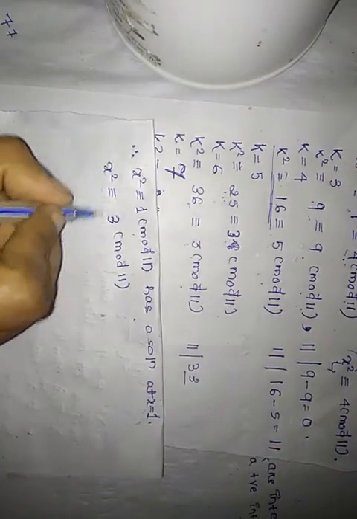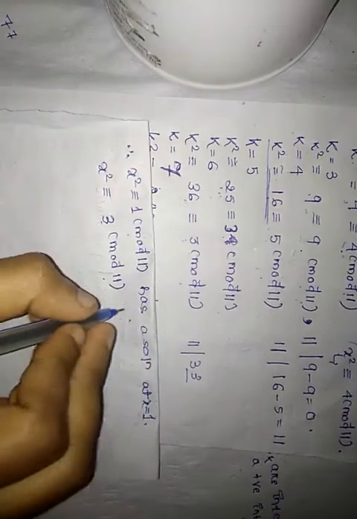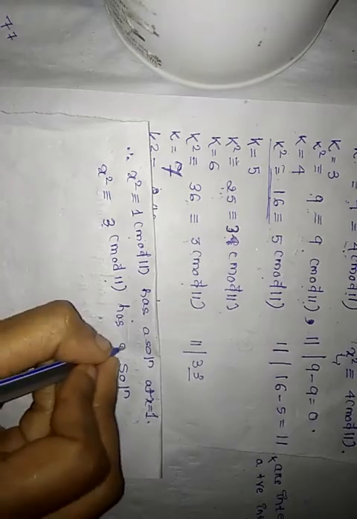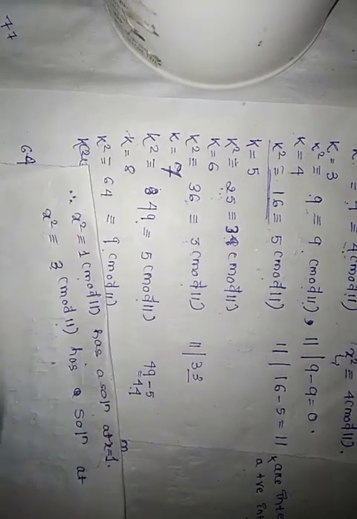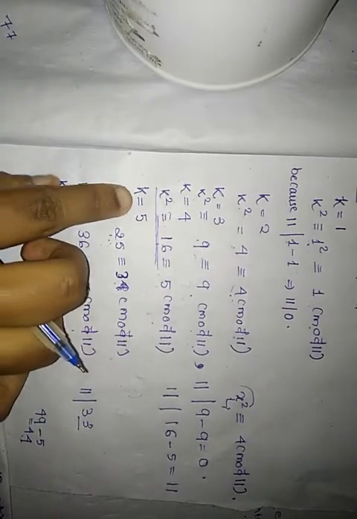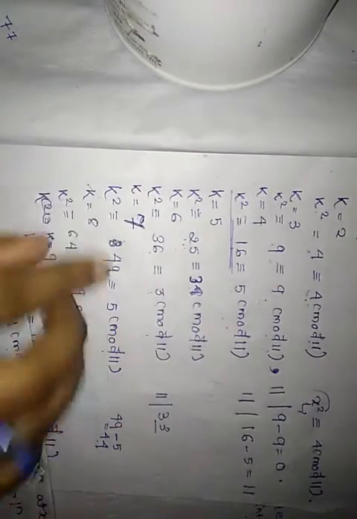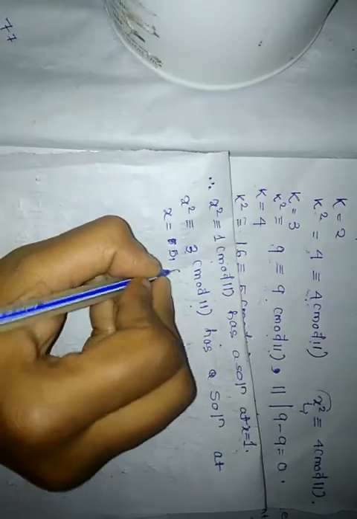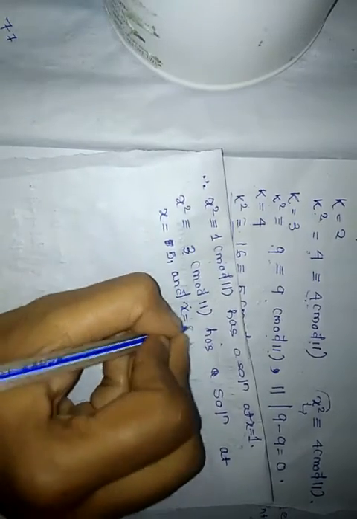And also x squared is congruent to 3 mod 11 has a solution at x equal to 5 and x equal to 6.